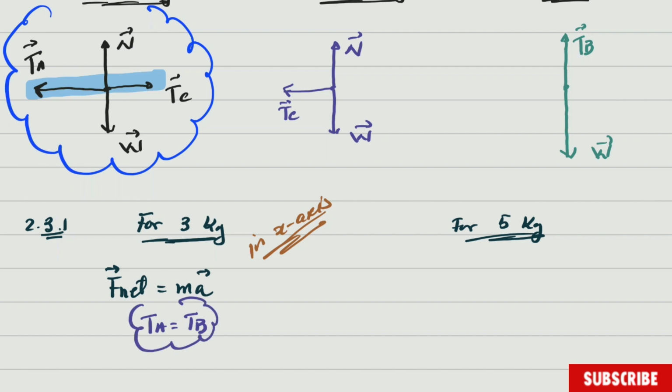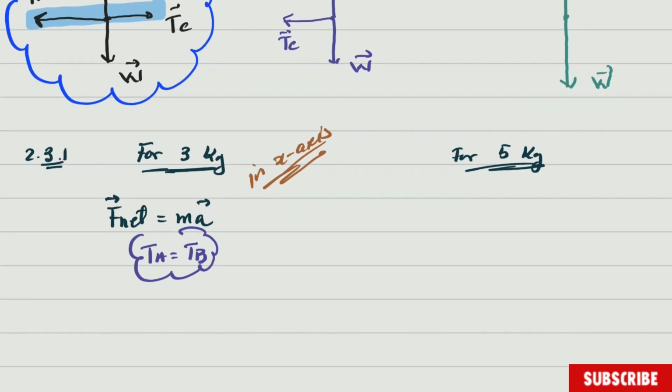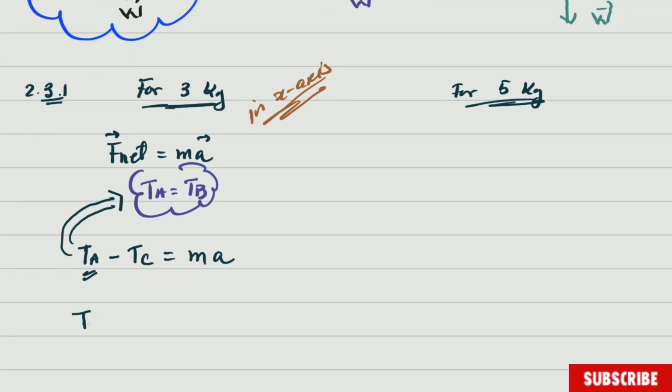So if we substitute the two forces we have tension A minus tension C is equal to MA. But for tension A, we are going to substitute tension B because that one is the one we are looking for. So in other words, we have here TB, which we are looking for, minus TC equal to MA.